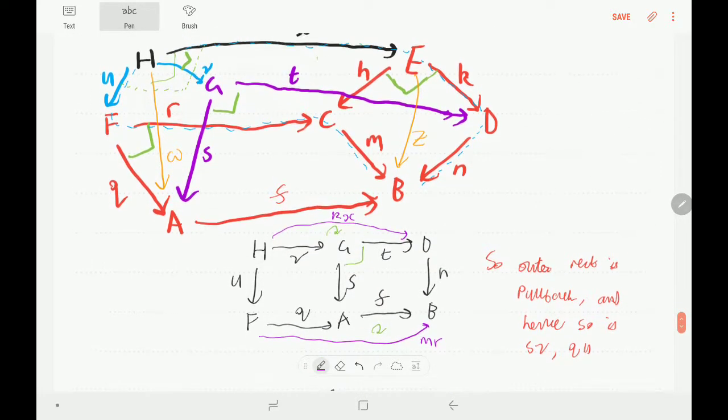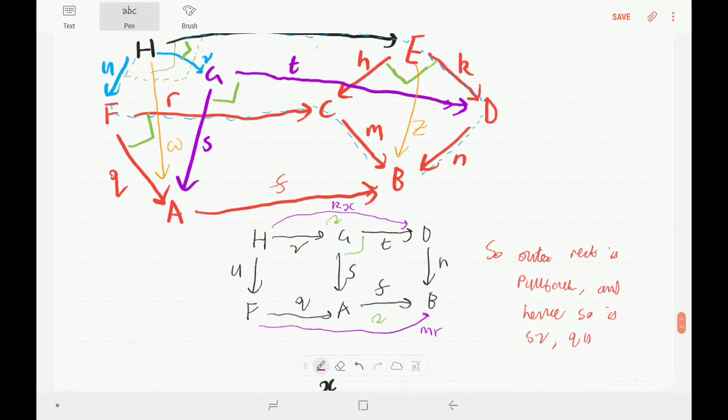Next we consider this part of the cube, going from H to G to D, the face on the left and the face that's nearest to us as it's drawn.